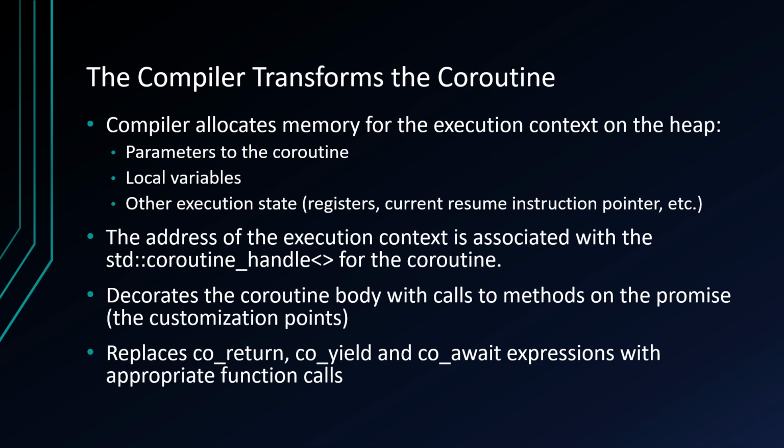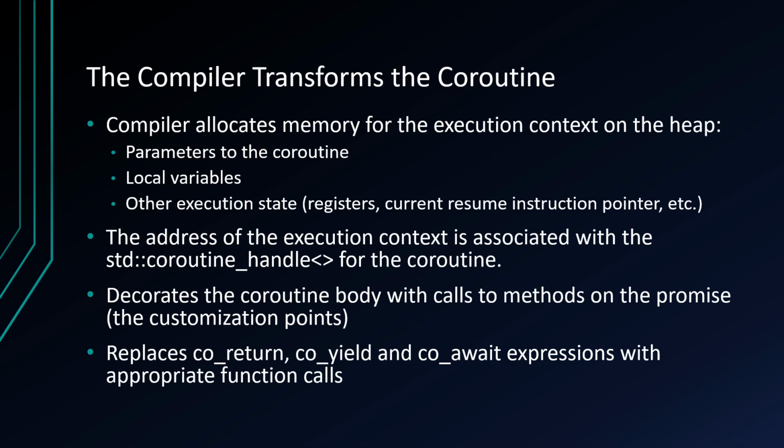And there's a standard type called a coroutine handle, and the execution context is associated with the handle. Now, for places where you have maybe some kind of C-style API where you need to specify a callback function and an associated void star context pointer, there's a way to marshal a raw pointer, a void star, back and forth between a coroutine handle. So from a void star, you can get the associated coroutine handle, and from a coroutine handle, you can get the associated void star. So if you have some kind of C-style API that you have to glue your coroutine into, there are ways to do that.